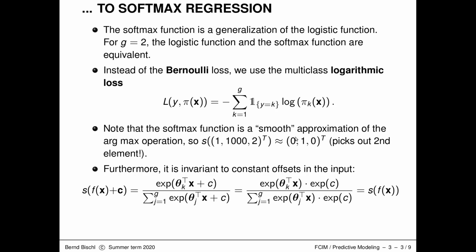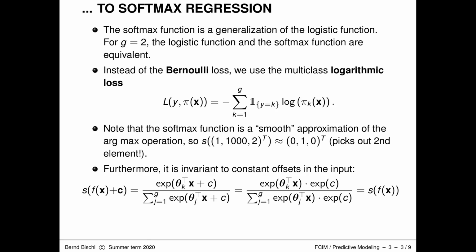Another technical comment on softmax: it is invariant to constant offsets. If you take any input and add a constant c, a constant shift, to all of the components, this does not change the computed outcome.